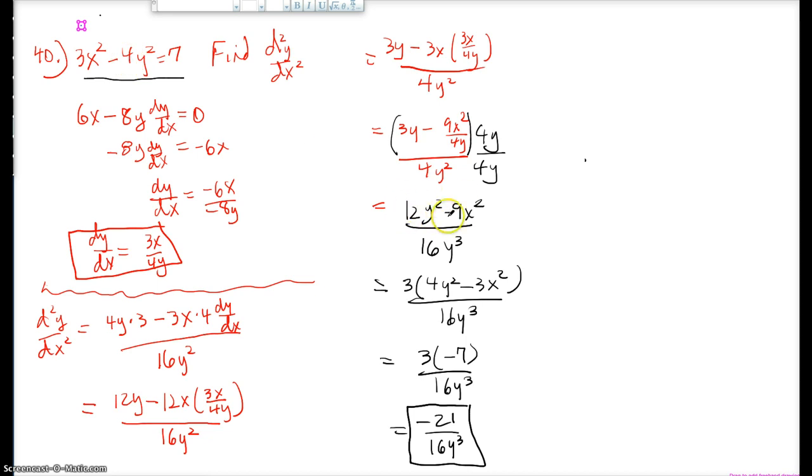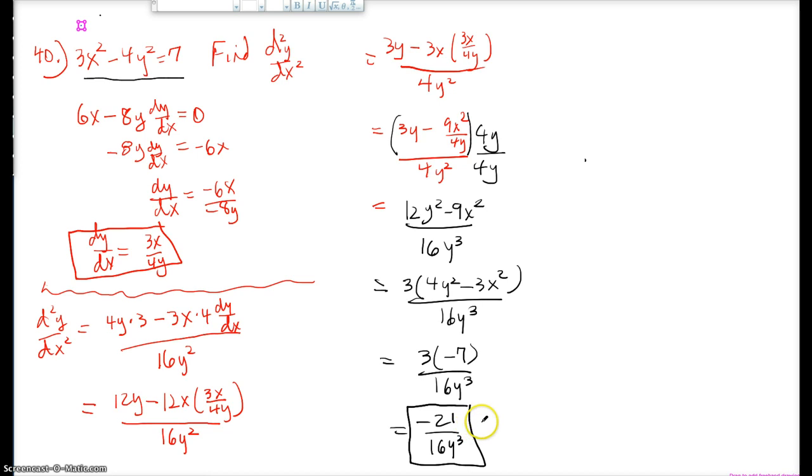How did I know that this would contain that? And the reason is, these problems where you find the second derivative, that always happens. The original problem shows up as you're doing your work, and you can substitute in this case 3x squared minus 4y squared equals 7. You can get rid of the 3x squared minus 4y squared and find an answer that does not include it.